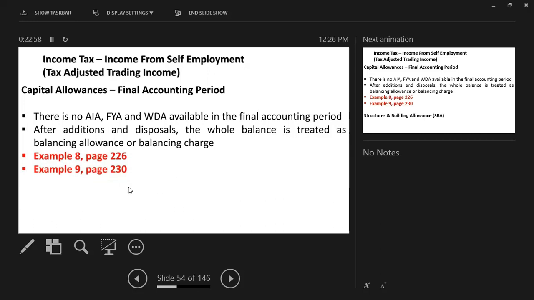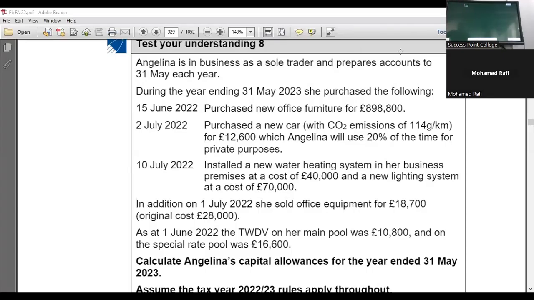Okay, let's practice one example, which is actually a comprehensive example before moving to the next topic. So first, we will create annual investment allowance column. I don't think we need a first year allowance column here in this question because there is nothing which we purchased as a zero emission rate car. So annual investment allowance.